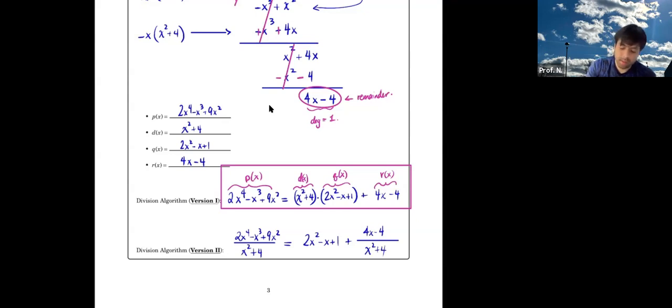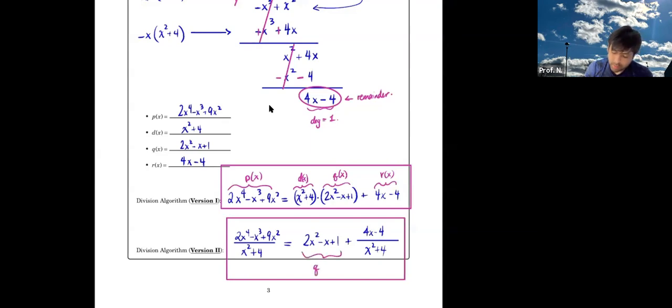This is the second version. Again, this is my quotient, this is my divisor, this is my remainder, and this is my dividend. So we should be able to express our division of polynomials in either the first version or the second version of the division algorithm.